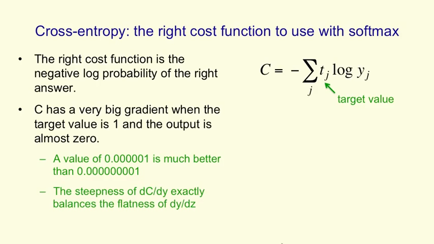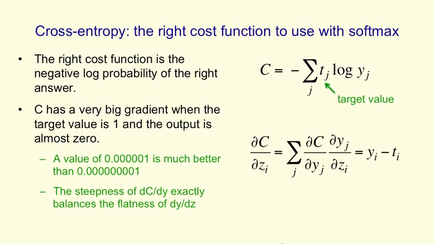So we get a nice property that the cost function, C, has a very steep derivative when the answer is very wrong, and that exactly balances the fact that the way in which the output changes as you change the input, dy by dz, is very flat when the answer is very wrong. And when you multiply the two together to get the derivative of the cross entropy with respect to the logit going into output unit i, you use the chain rule.